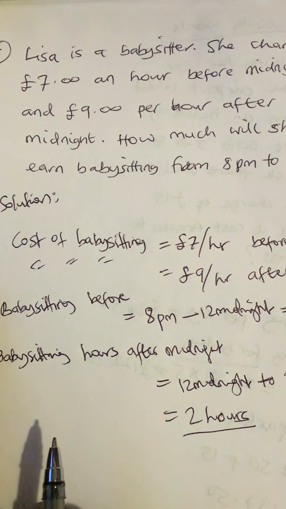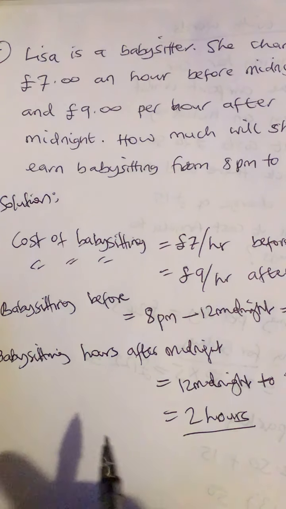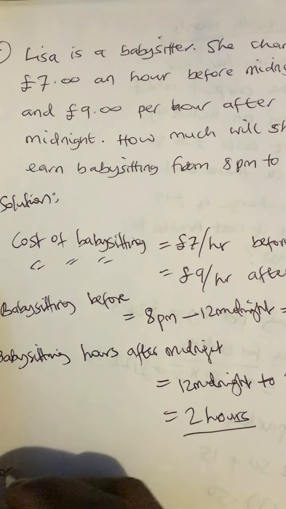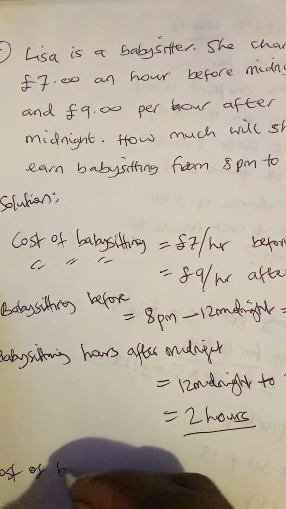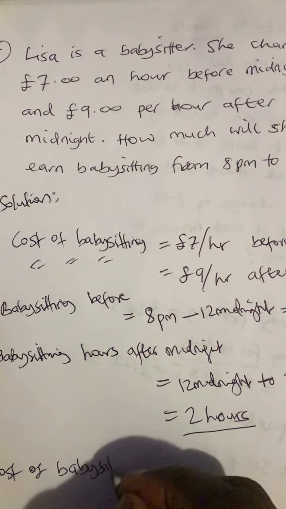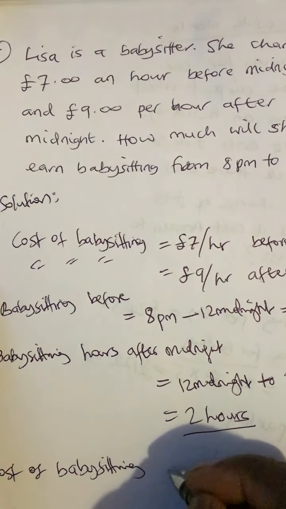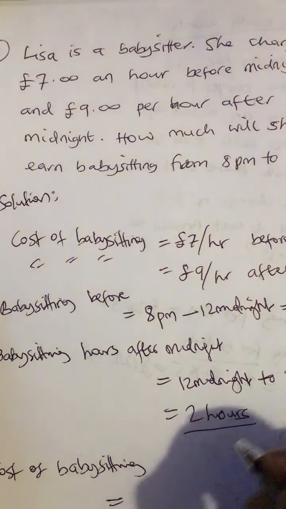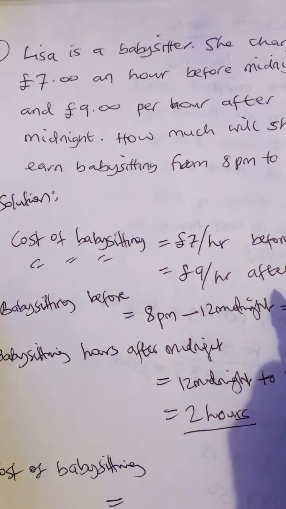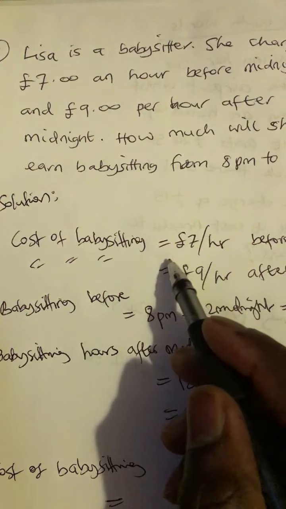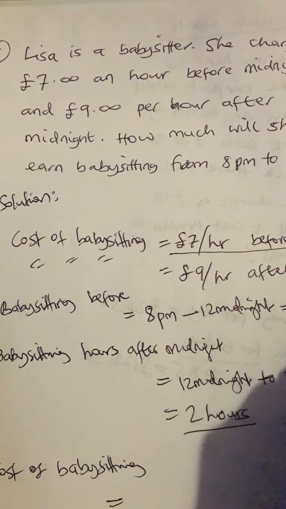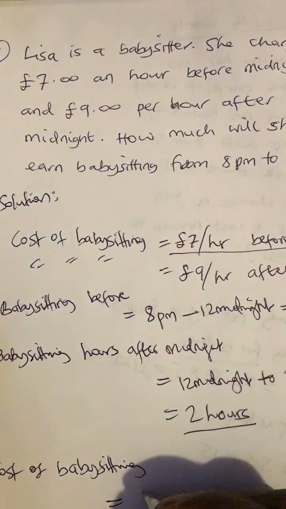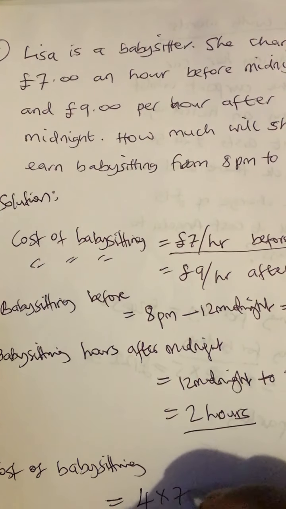So what we'll have here is, cost of babysitting now will be equal to, for before midnight, £7 per hour, she worked 4 hours, so we have 4 times 7.